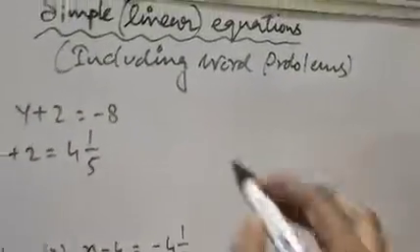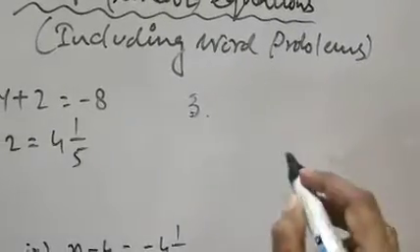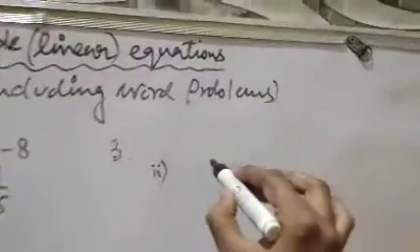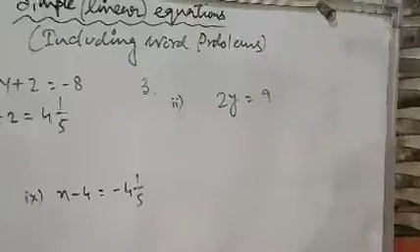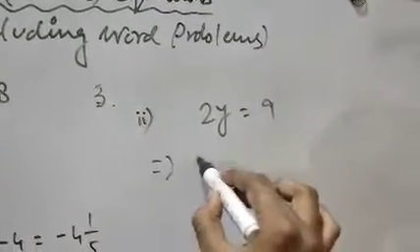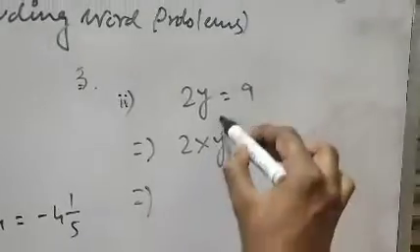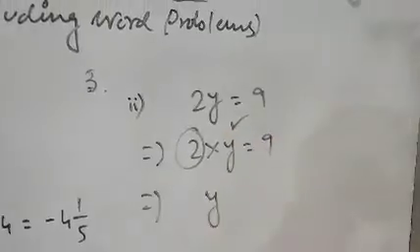Question number 2, part 3. Equation is 2y equals to 9. Now 2y means 2 multiply y. Here variable used is y. So to find out the value of y, we need to transfer this 2.